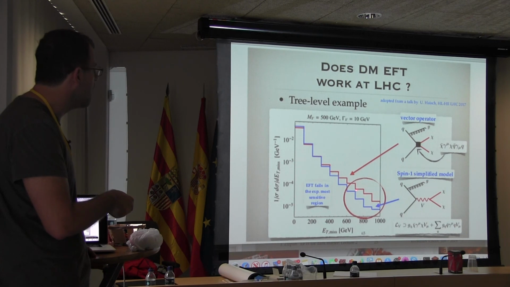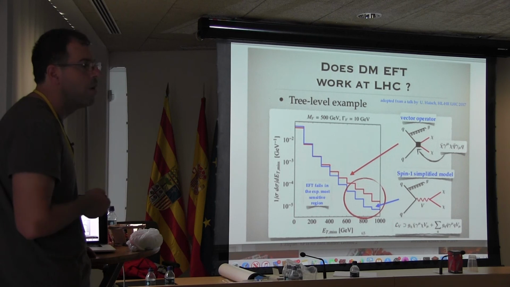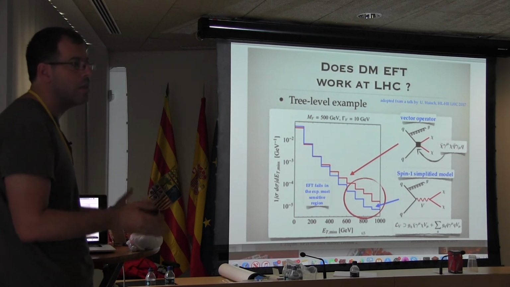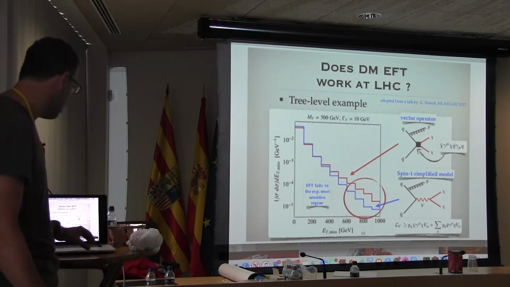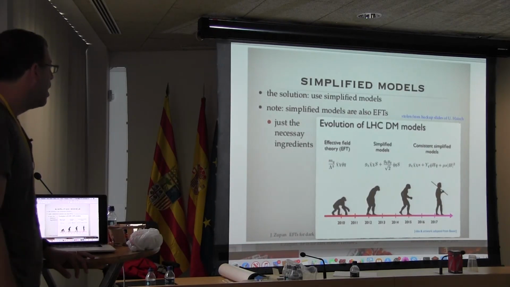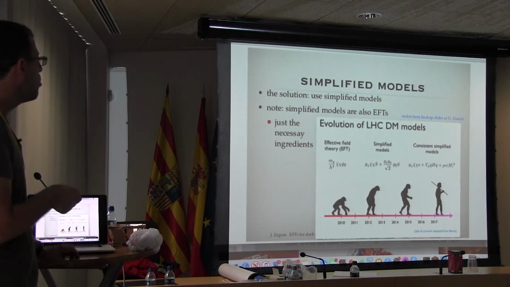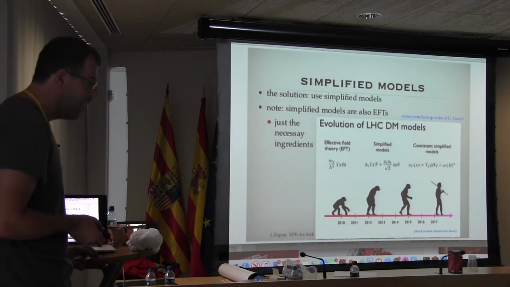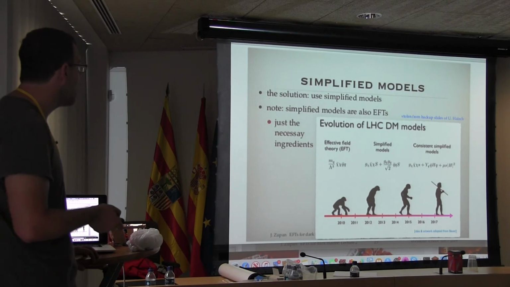So the EFT, the red line, does not describe the true model. All right, so LHC processes are an example where you need to change. So the change is you build simplified models. So you just put in the stuff that you're missing, the mediator.